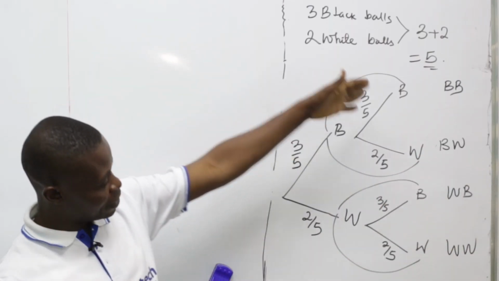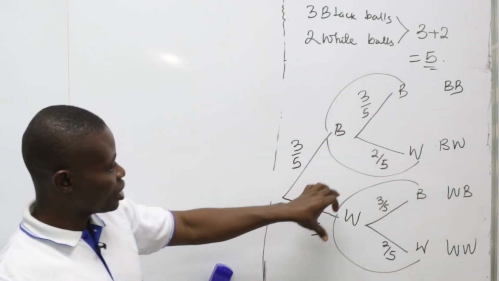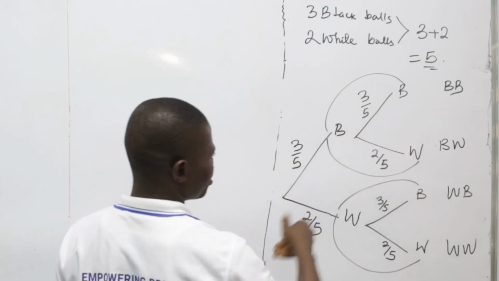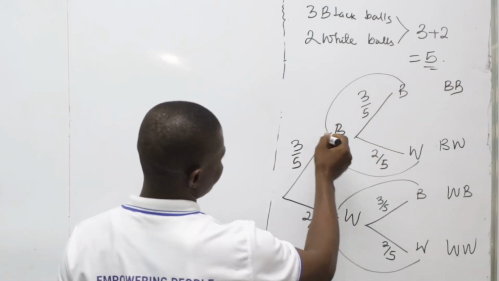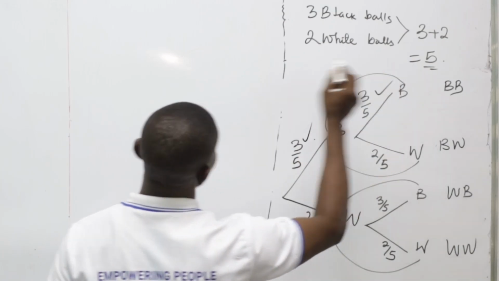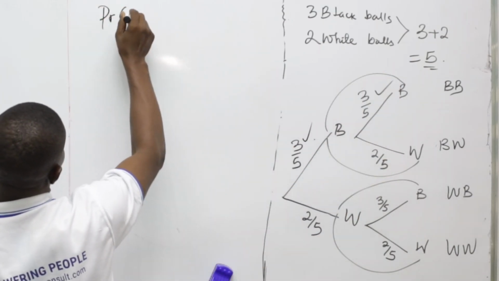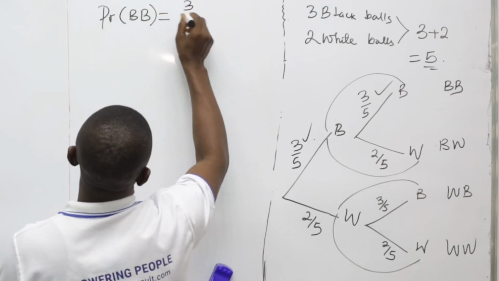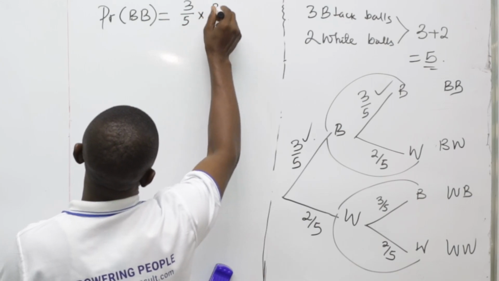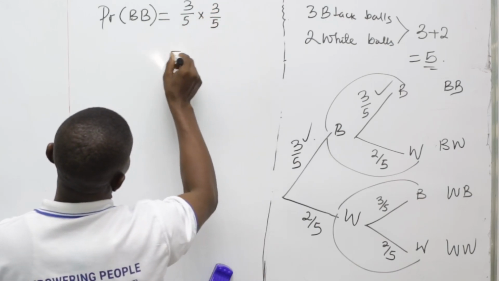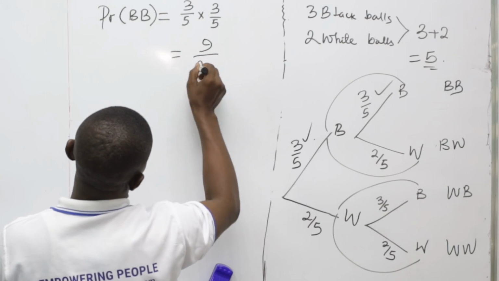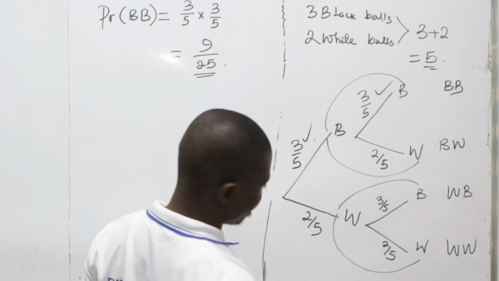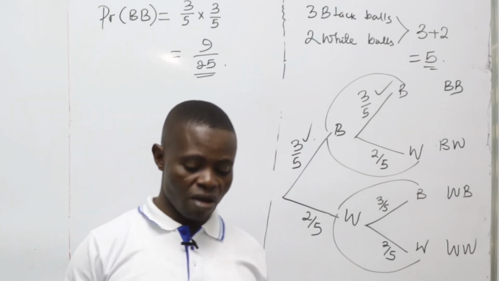Now we have these things. The question is the probability that 2 of them are what? Black. I think it's easy. It's looking at you there. See it, black, 1, 2. So probability of both being black equals 3 over 5 multiplied by 3 over 5 to give us what? 9 over 25, because the ball was replaced. So it's 9 over 25.